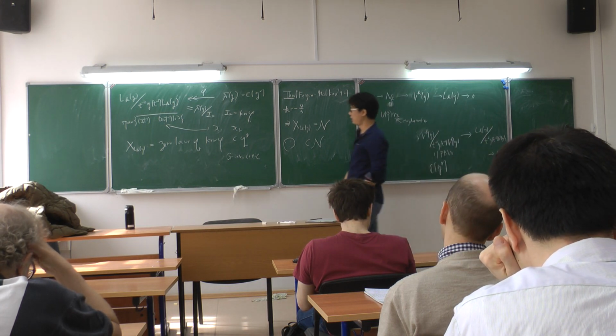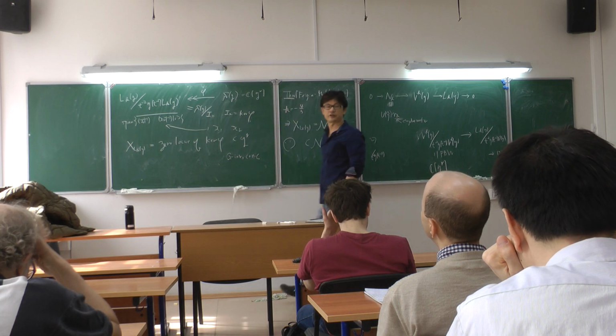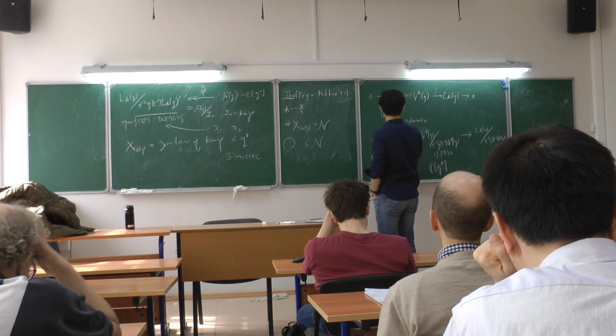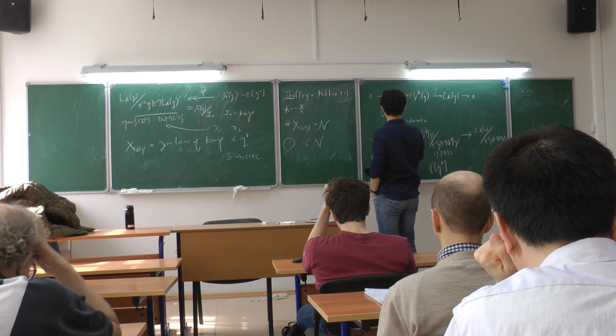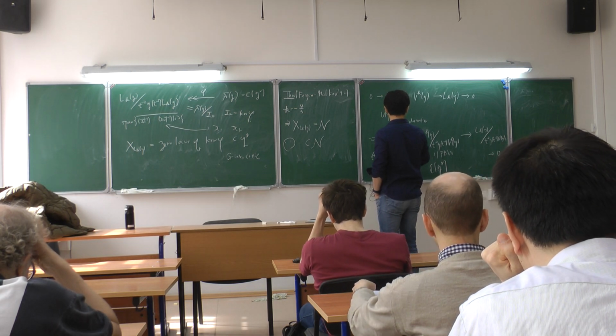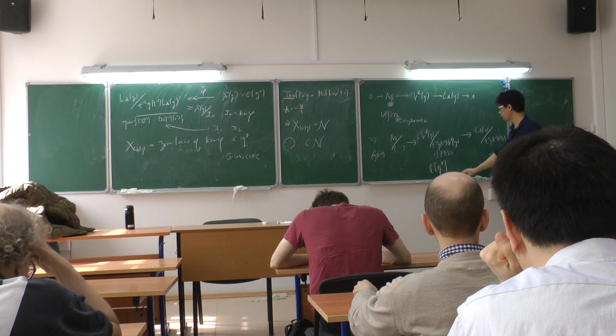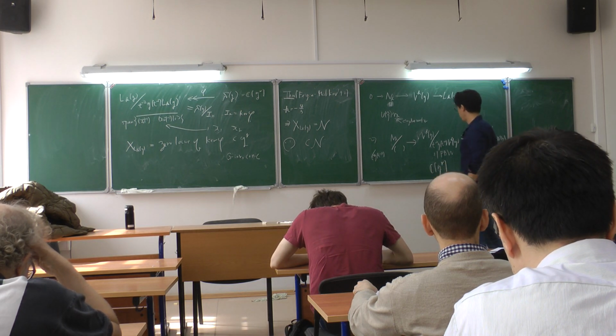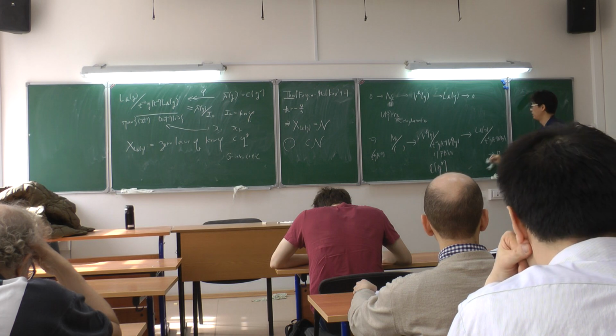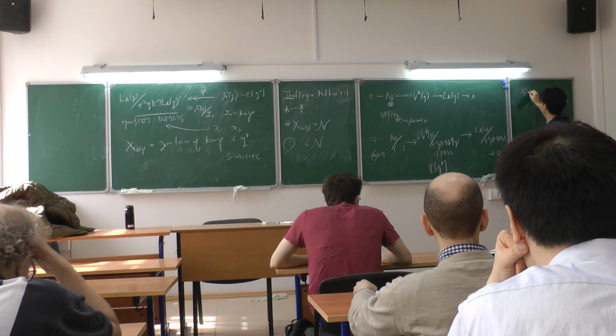So this ideal I_K is just the image of this map from this quotient space. So we consider the image of a singular vector.